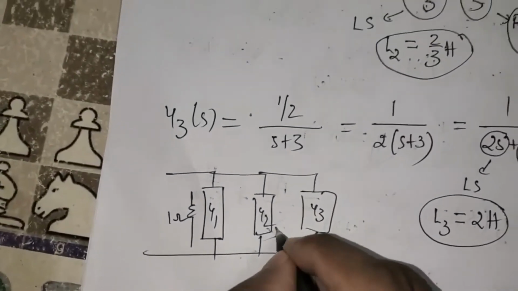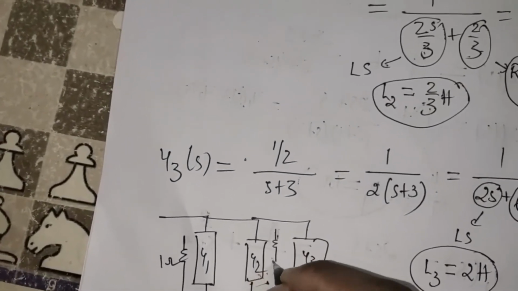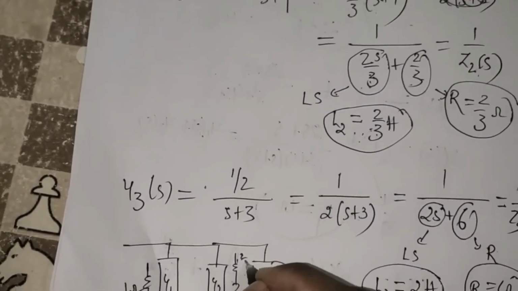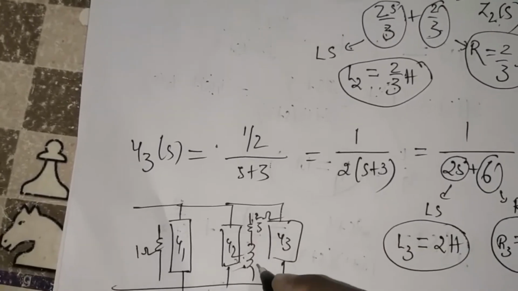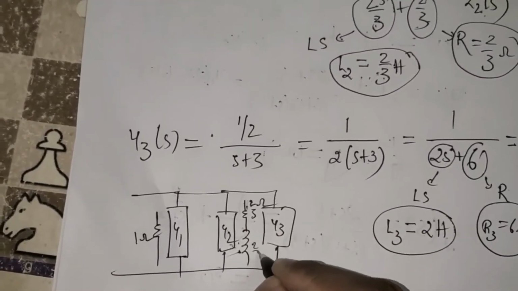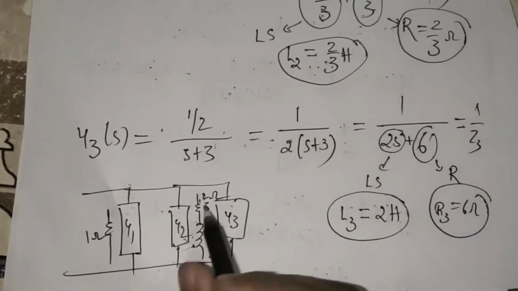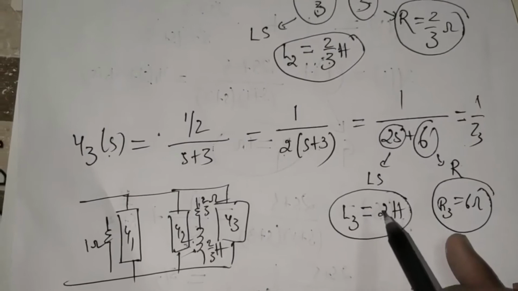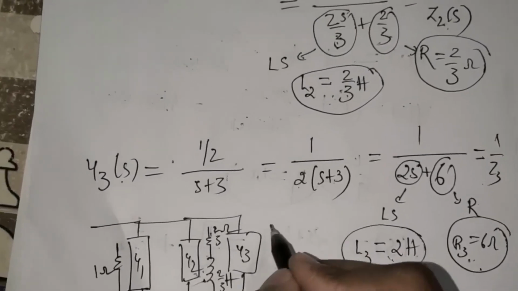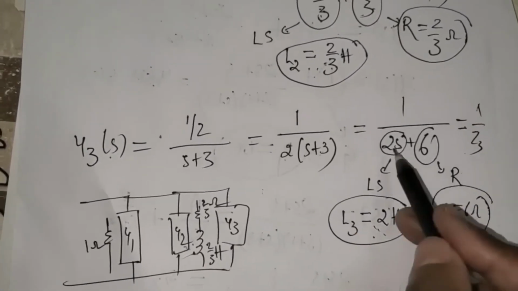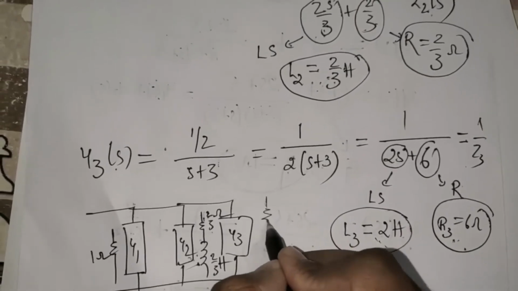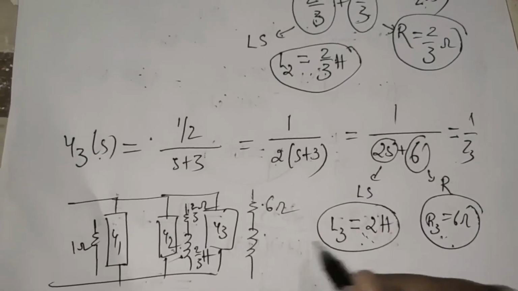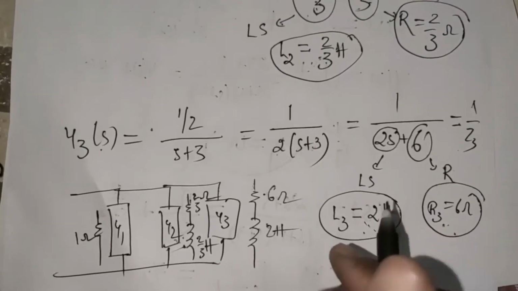So instead of y2, I'll get a series combination of R and L, R value 2 by 3 ohms and inductor value 2 by 3 henry. Even y3 we have represented as 1 by z, so these two are in series since impedances are being added: R value is 6 ohms and L value is 2 henries.